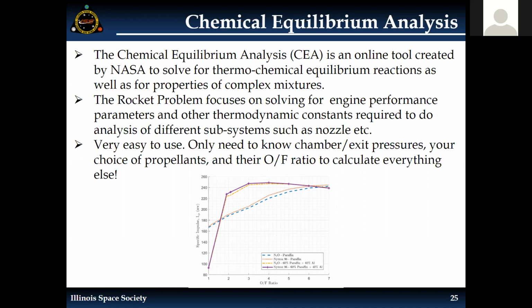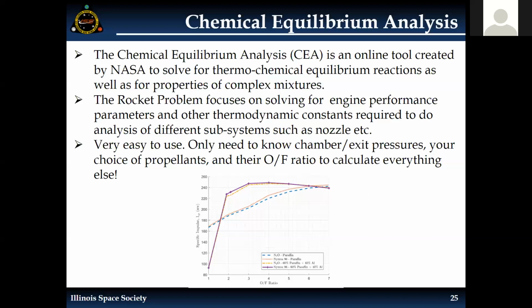Over here you can see the graph showing the different oxidizer and fuel mixes that we analyzed before choosing the specific Nitrox 96 paraffin propellant combination. Here you can see how the ISP changes with the OF ratio.